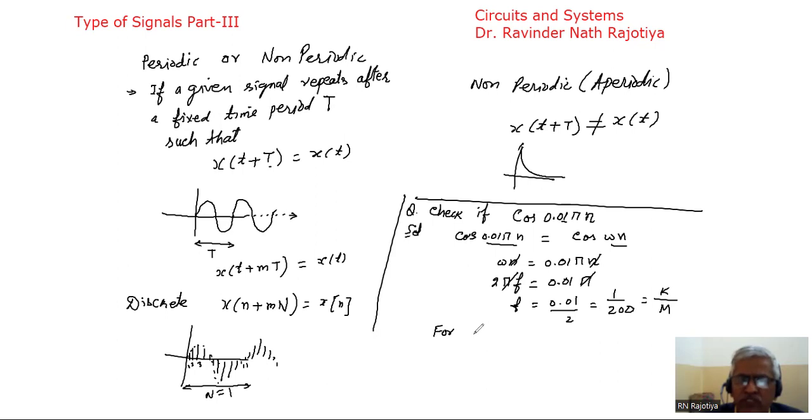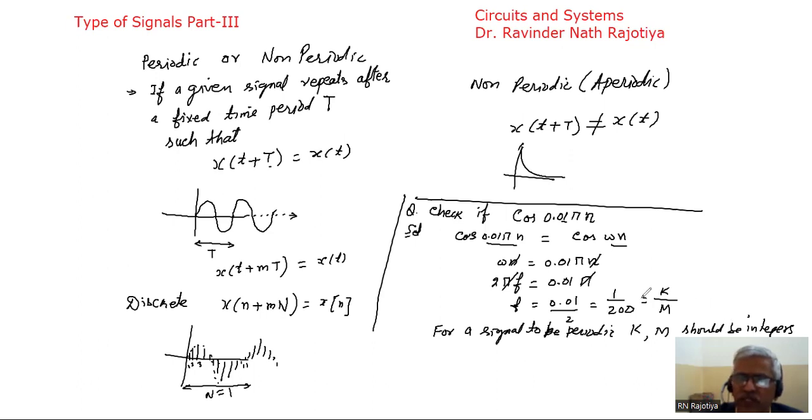You can make a note of it: for a signal to be periodic, both k as well as m should be integers.